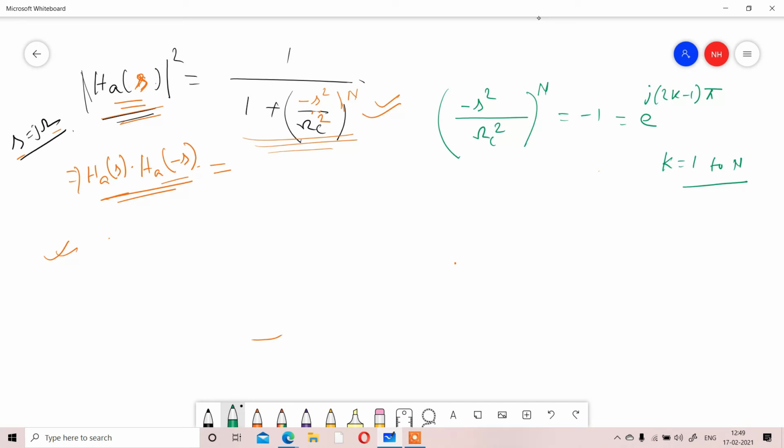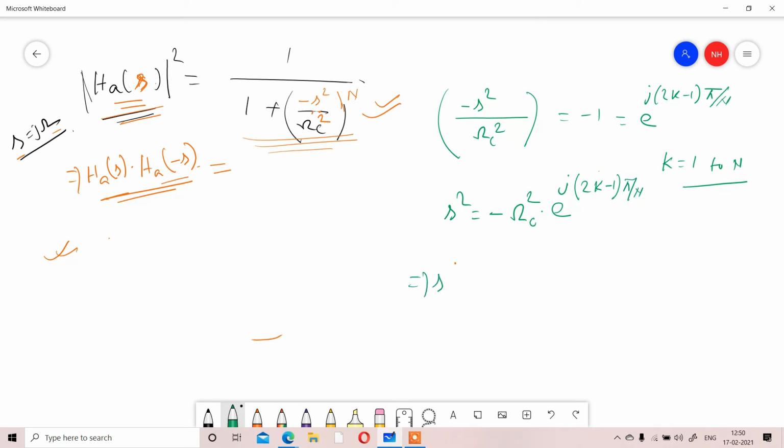From here, if we consider the power n to that side, that will be by n, and if we calculate s square, the minus goes to that side, omega c square will be towards that side. So minus omega c square exponential j (2k minus 1) pi by n.